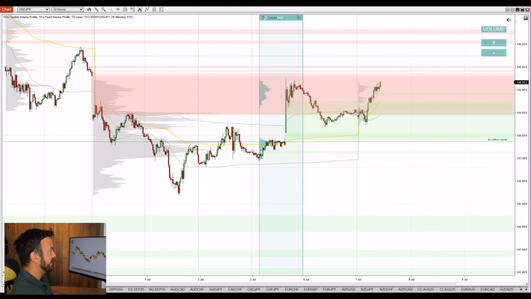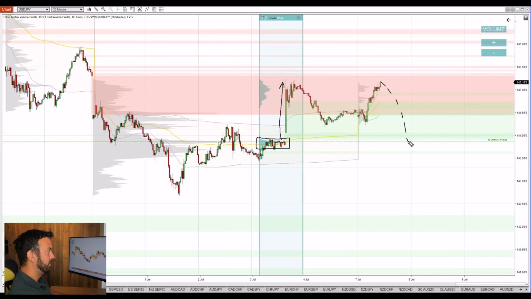The first thing is my favorite volume profile setup, which is called the volume accumulation setup. For this setup, you need to see a rotation like this and heavy volumes within that rotation. Then you need to see aggressive trend activity like this one. This one was very aggressive buying activity.